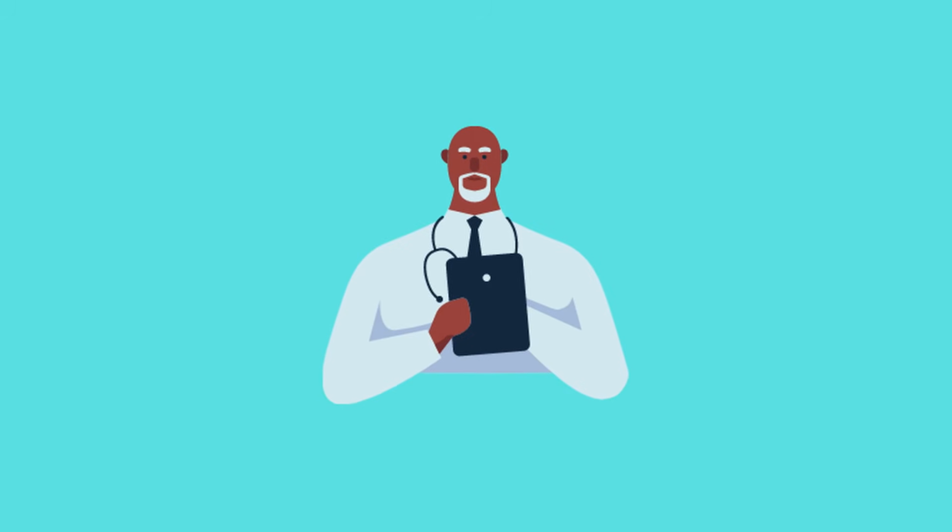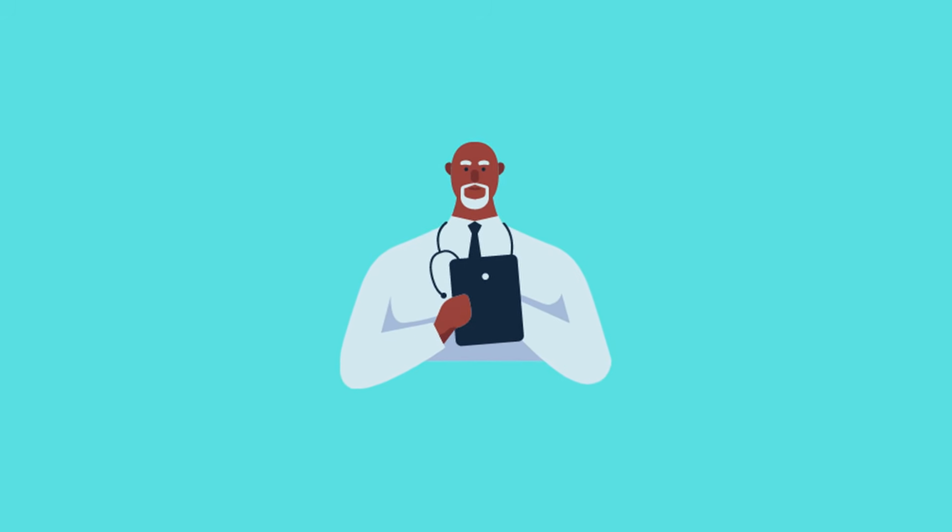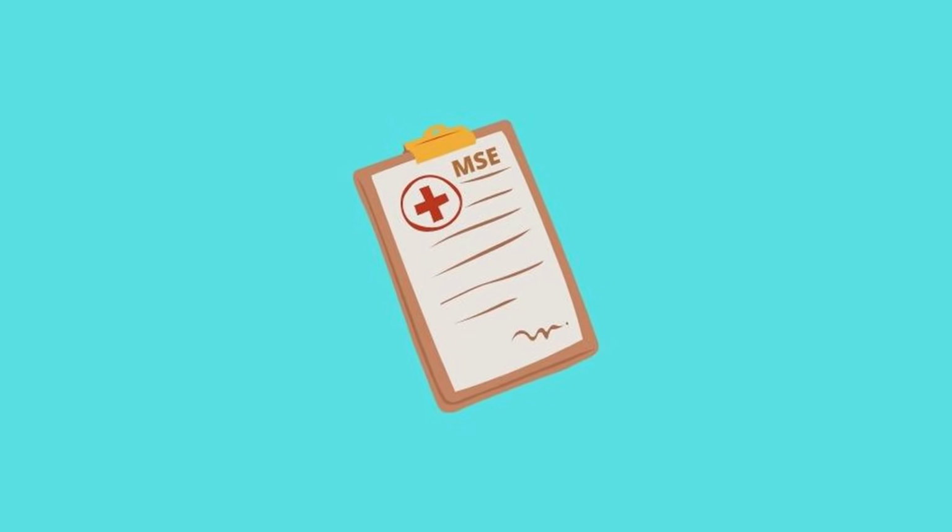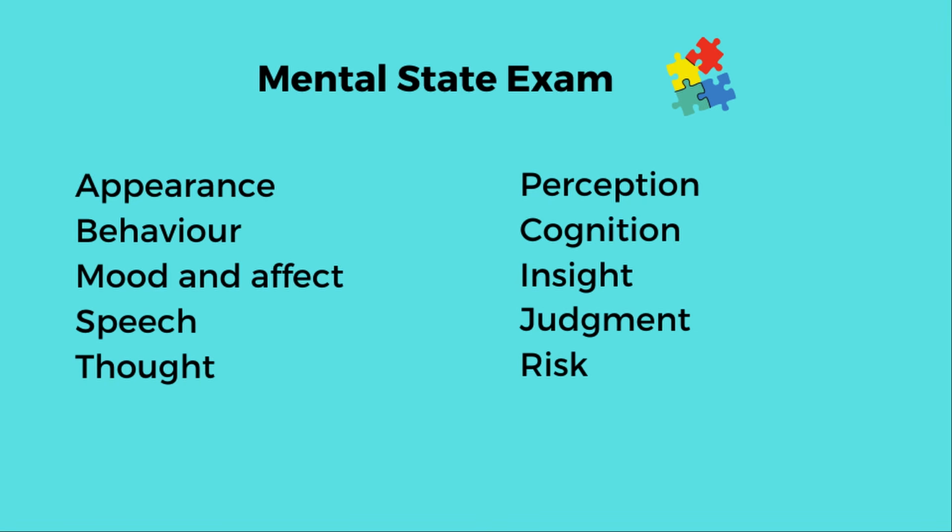Let's recap on what we've covered today. We've covered the mental state examination. This is an examination to assess a patient's mental status. First things first, we start with appearance, then we move on to behavior. We check the patient's mood and affect.